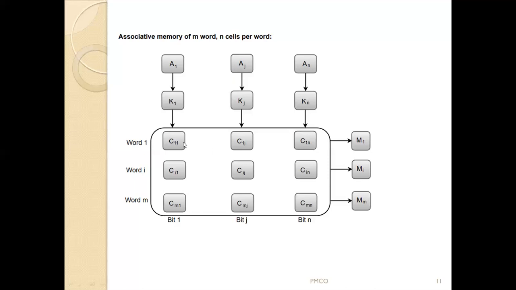The first subscript gives the word number, and the second subscript specifies the bit position in the memory word. So for example, the cell Cij specifies the cell for bit j in word i. So we are referring to the bit j in the word i. That is the meaning.